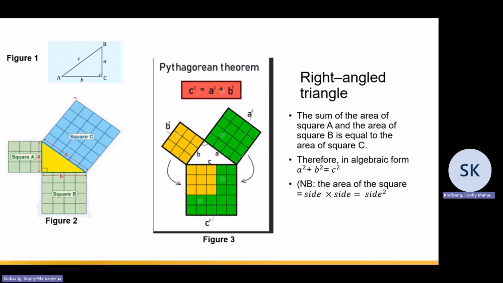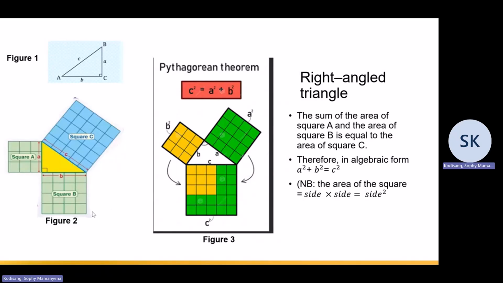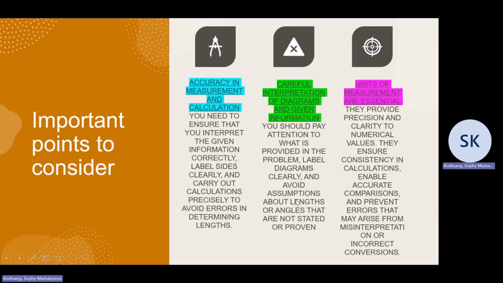So the area of a two-dimensional shape like a triangle here refers to the amount of space enclosed within the boundaries of that particular shape. Right. Other important points to consider as a learner is accuracy in measurement and calculation.